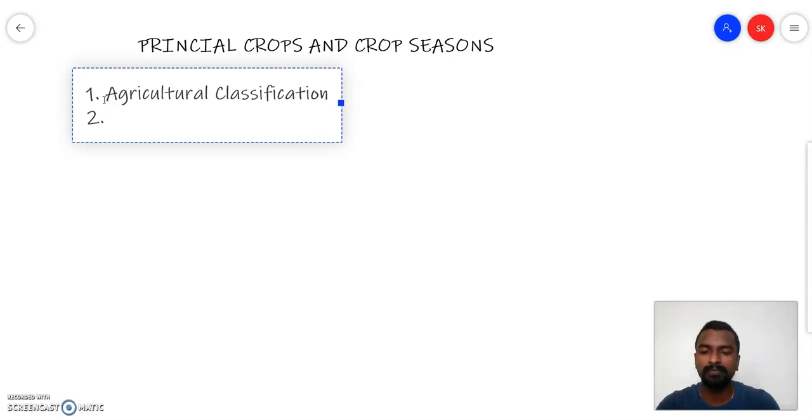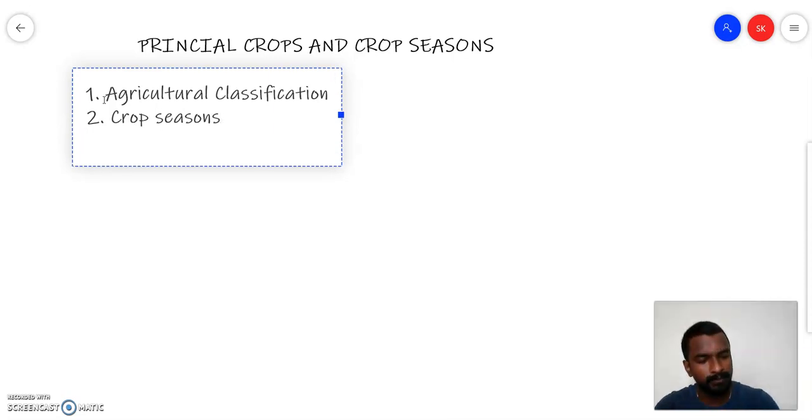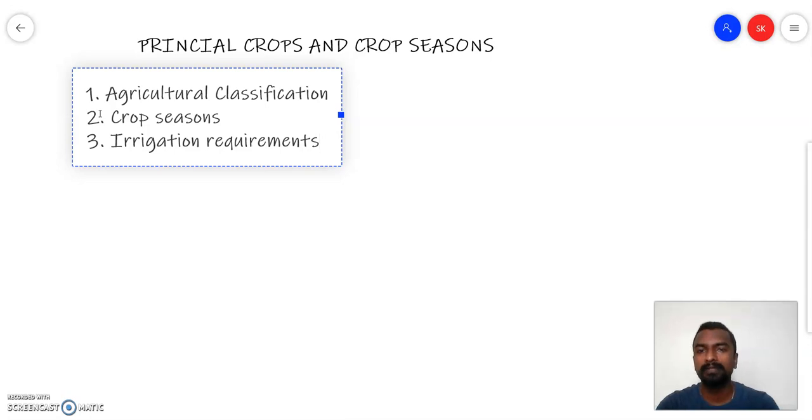The second one is the classification based on crop seasons, and the third one is the classification based on irrigation requirement. So this is the classification. Now we will discuss one by one.